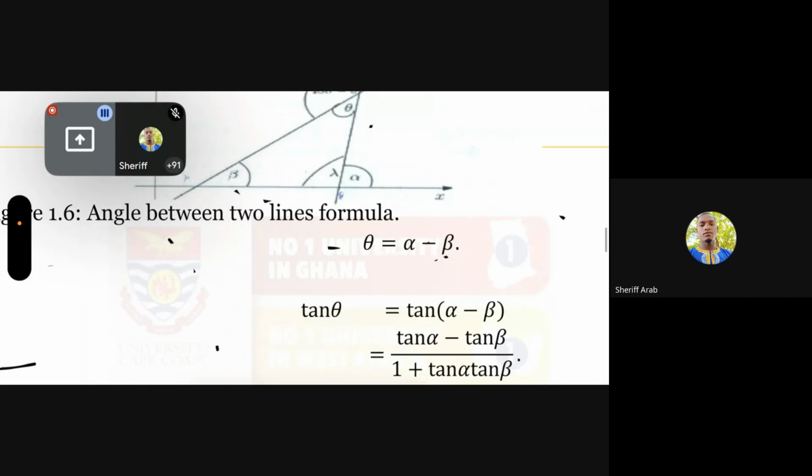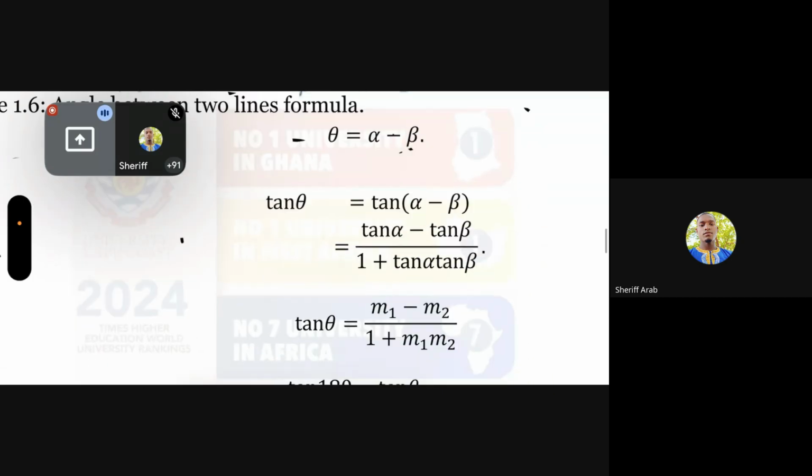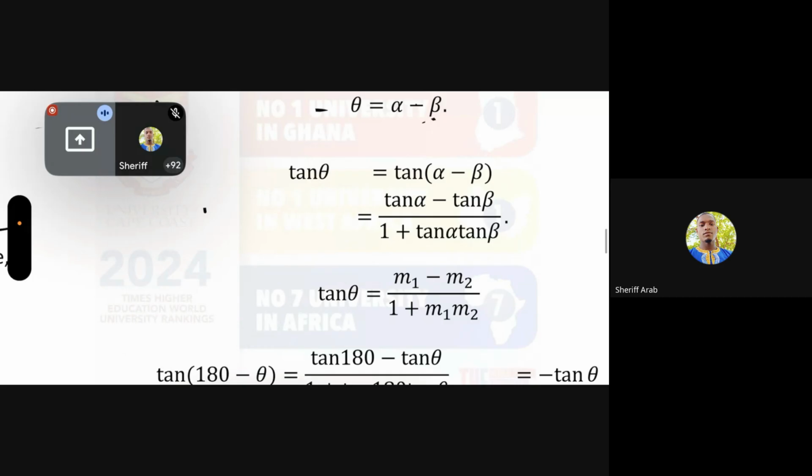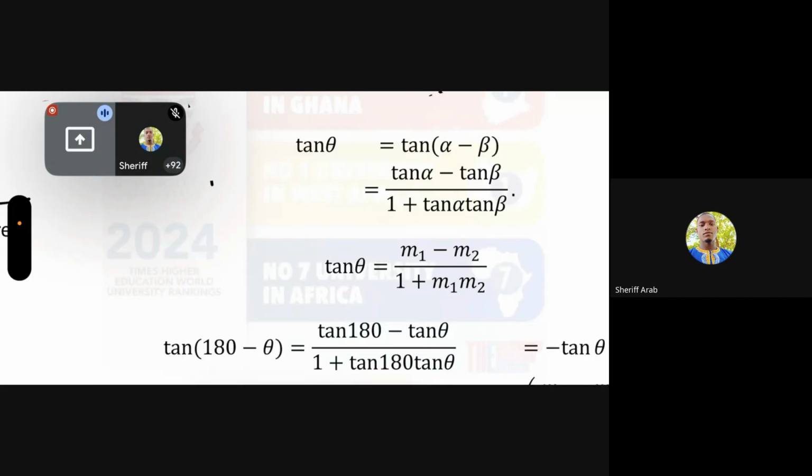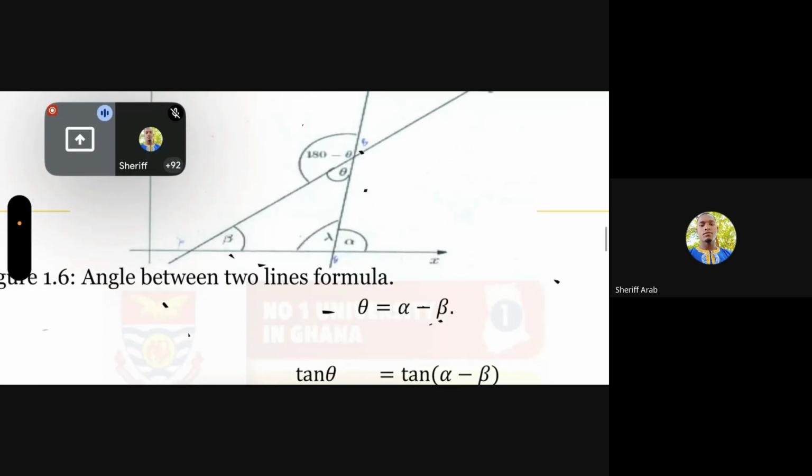And my tan beta is the gradient for L2, so that will be M2. So this means that my tan theta will be equal to M1 minus M2 divided by 1 plus M1 times M2. That is the tan theta, the first angle between L1 and L2.